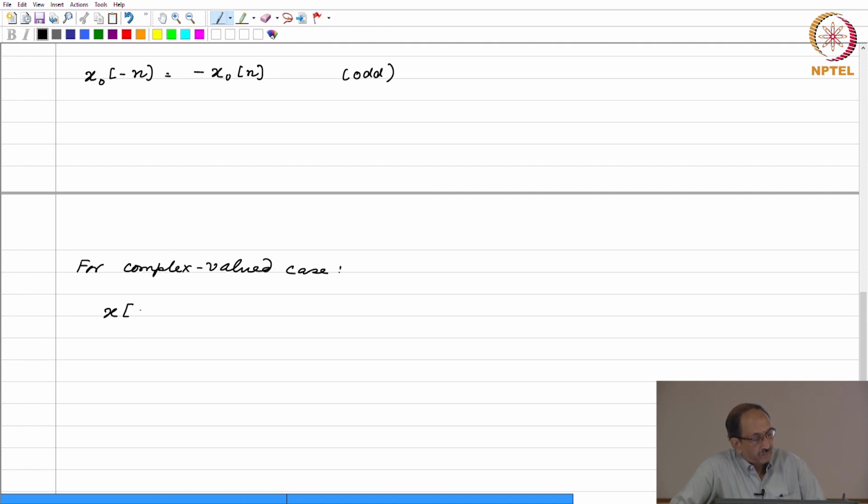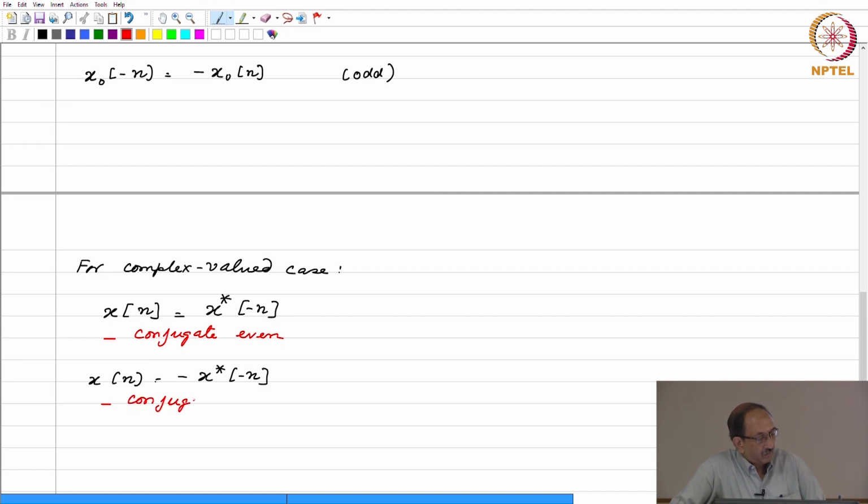If x of n equals x star of minus n, then this is called conjugate even, and if x of n is minus x star of minus n, this is called conjugate odd.